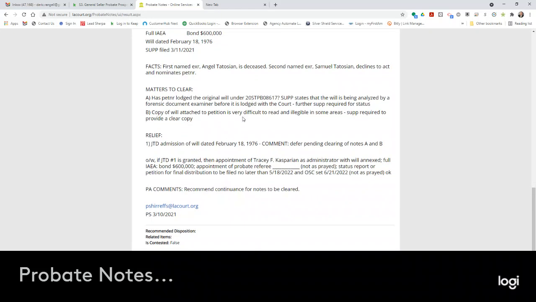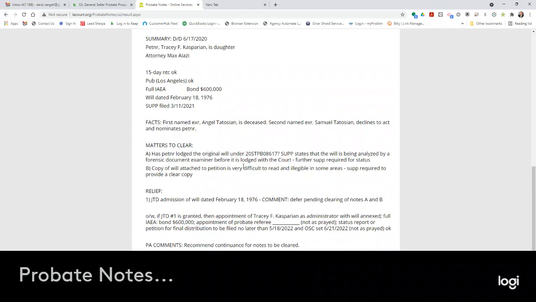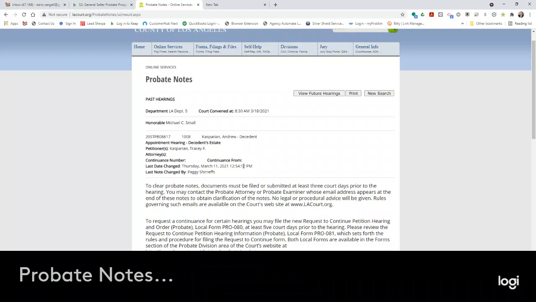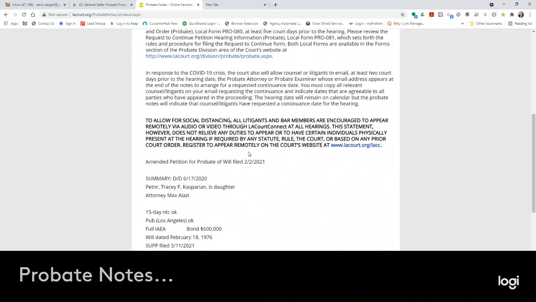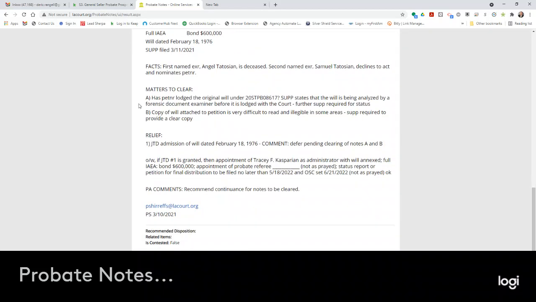And one of the things to pay attention to when you see these things, see this right here, JTD? This means judge to determine. So at this hearing, what they were doing was creating a supplement from having their case be continued, and what it resulted in was, you see these matters to clear here?